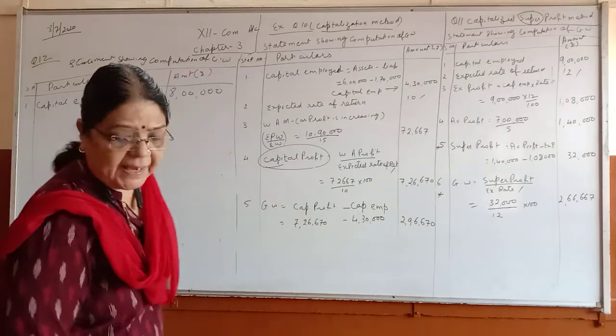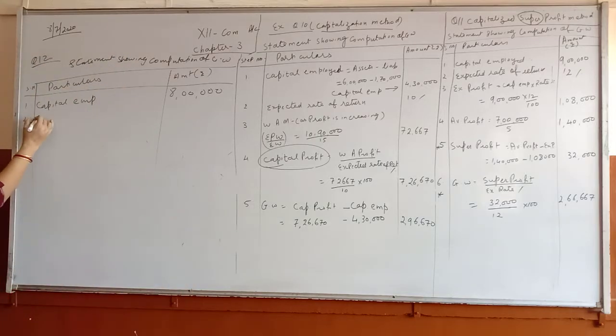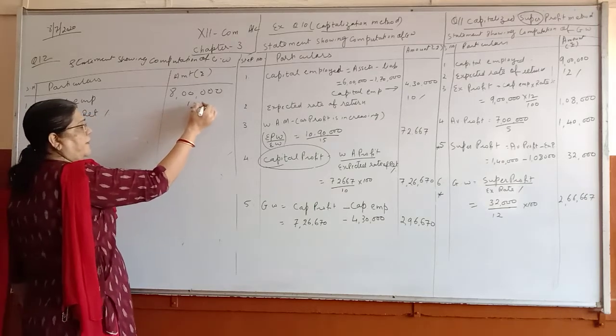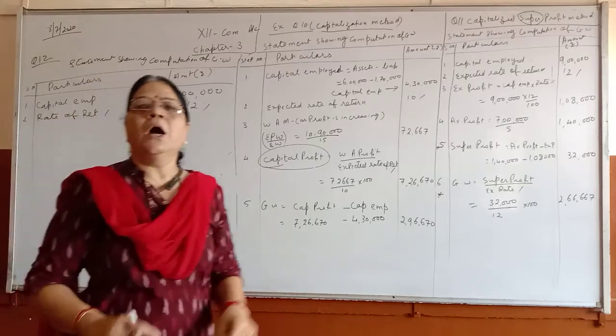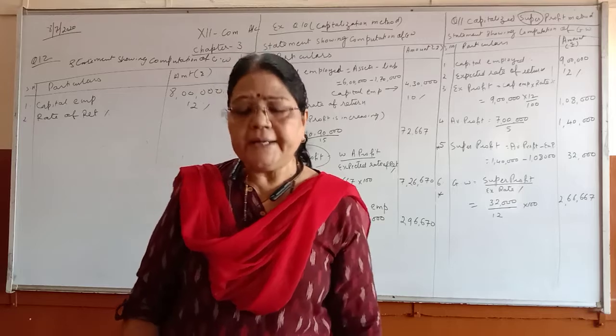And the second step, as usual, what is the rate of return? Second, rate of return in percentage. How much percentage do you want as return? 12%. On 8 lakh rupees, I want 12% returns.